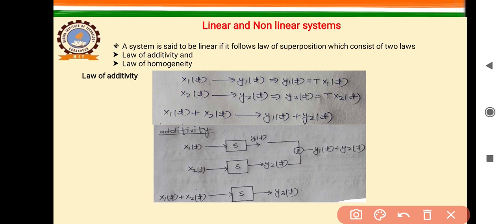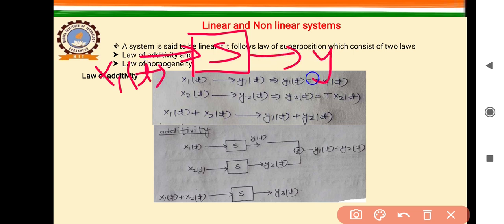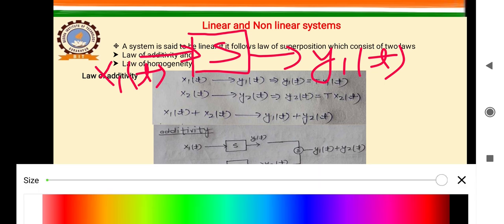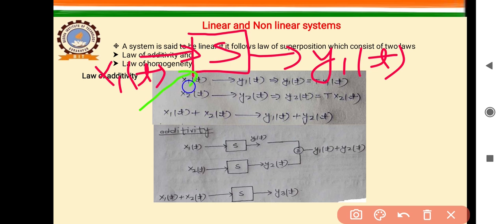The law of additivity says that if there is a system S, and I give an input x1(t), this system produces output y1(t). If I give x2(t) to this system, then it produces y2(t).